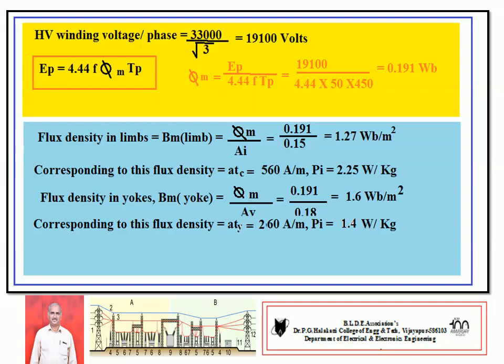Corresponding to this flux density in the yoke, go to the graph and note down the mmf per meter of yoke, which is 260 ampere turns per meter, and the iron loss corresponding to this flux density is 1.4 watts per kg. These two data are collected from the respective graphs.